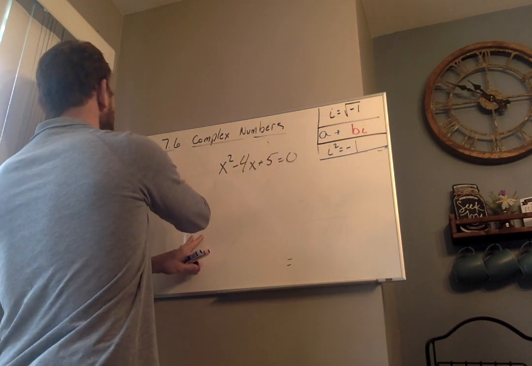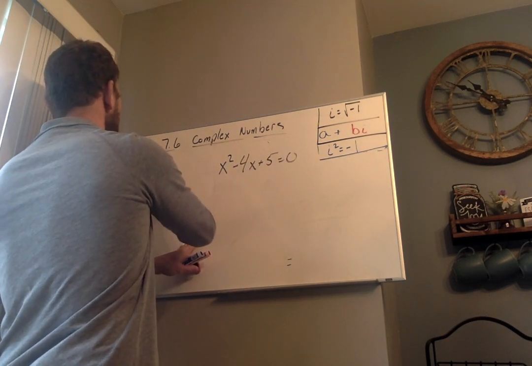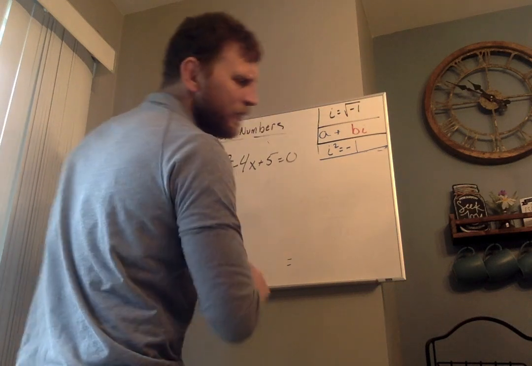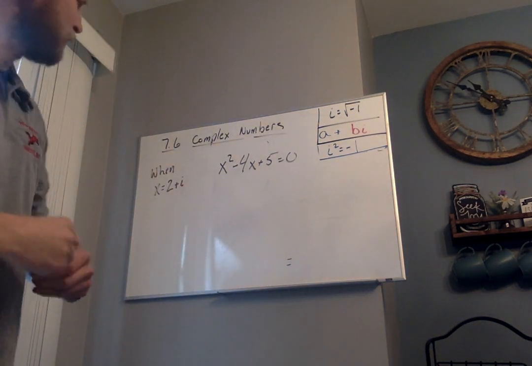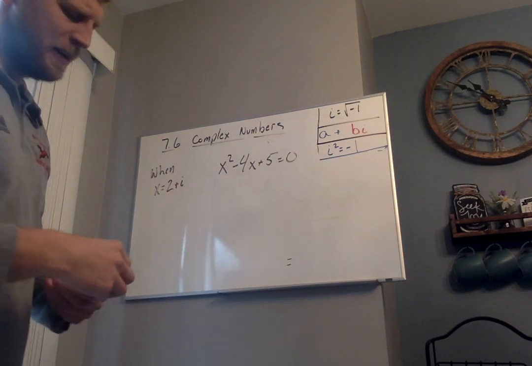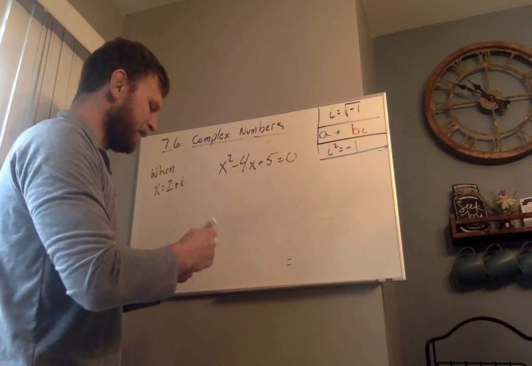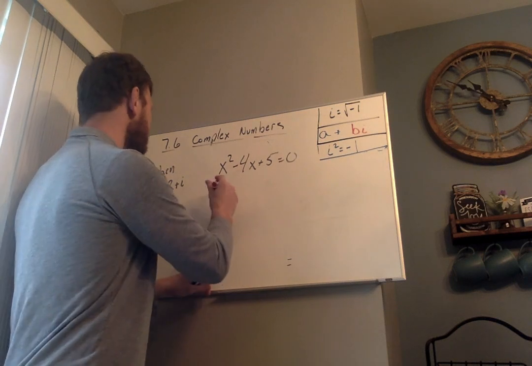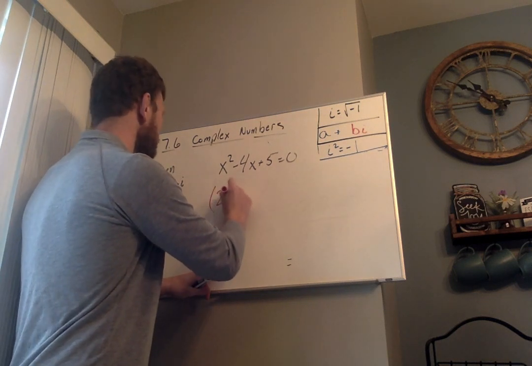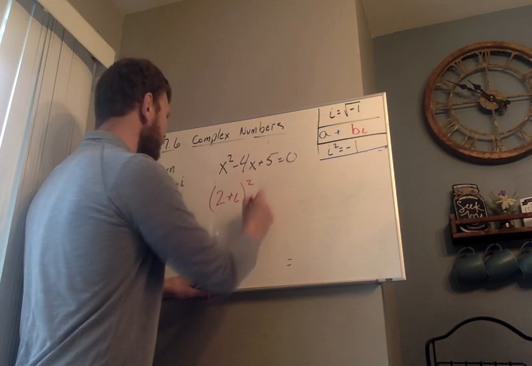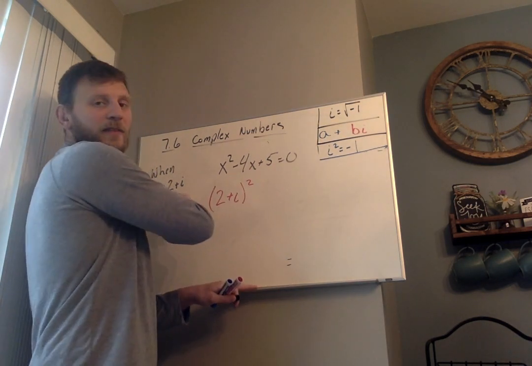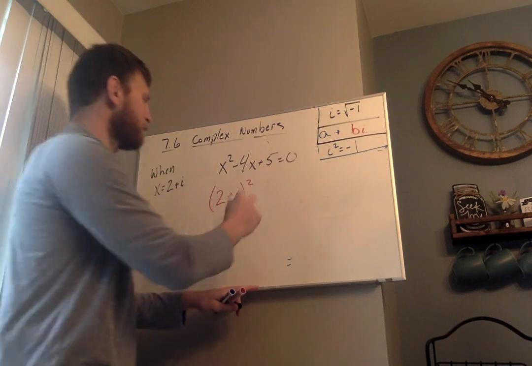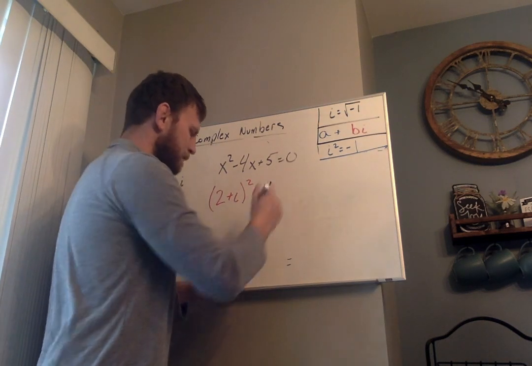So let me erase this. Here's what I'm going to do. I'm just going to take that and plug it in for the x's here. So I'm going to have 2 plus i squared. I'm going to use a different color, so I'm going to put it in as red.